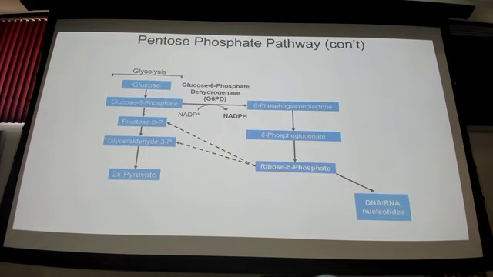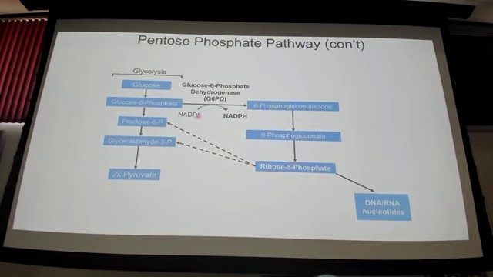So, this pathway, glycolysis is here, and this is the pentose phosphate pathway or the hexose monophosphate shunt. What happens is glycolysis. In glycolysis, we know glucose is converted to glucose 6-phosphate. The enzyme glucose 6-phosphate dehydrogenase, or G6PD, will convert glucose 6-phosphate to 6-phosphogluconolactone.